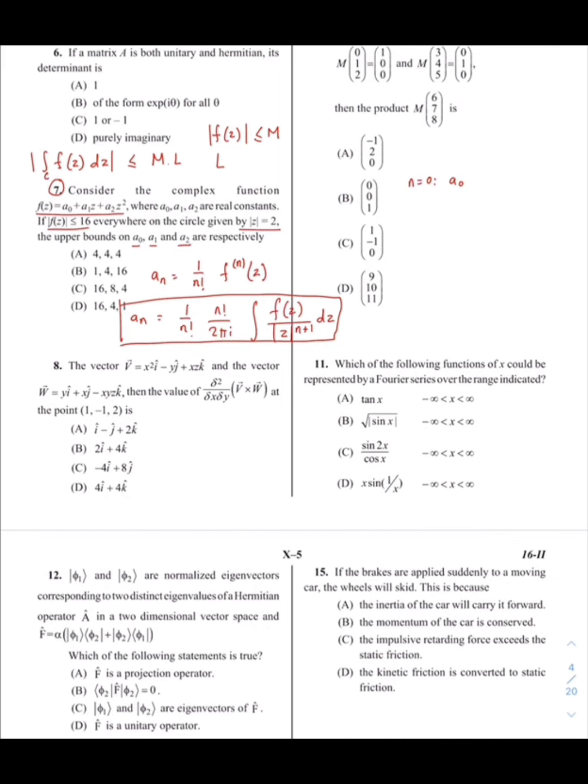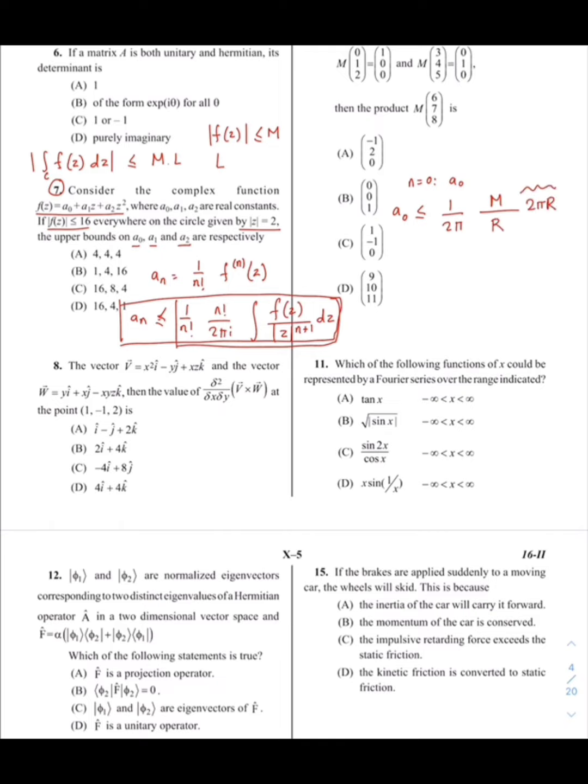Let's put n equal to 0 and find the upper bound of a0. So the upper bound of a0 is equal to the modulus of this quantity, which is 1 by 2 pi, the modulus of f(z) divided by r, and 2 pi r.